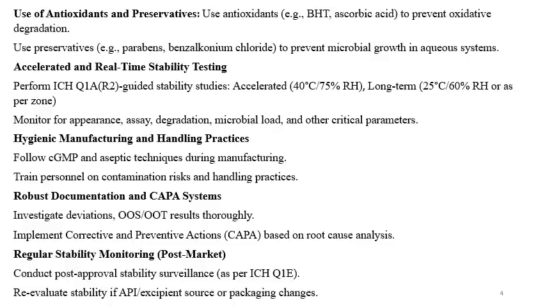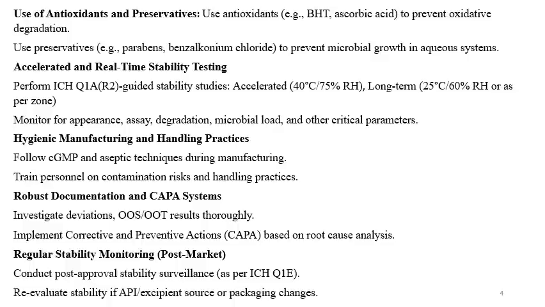Use antioxidants and preservatives. If required, you can use antioxidants like BHT, ascorbic acid and many others to prevent the degradation through oxidation. You can use preservatives like parabens, benzalkonium chloride to prevent microbial growth in the aqueous system. Accelerated and real-time stability testing.